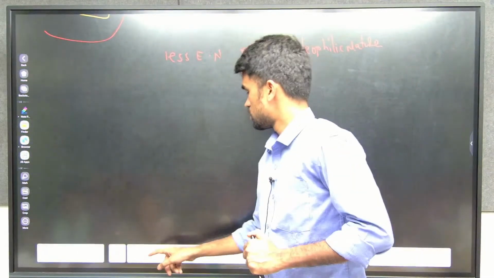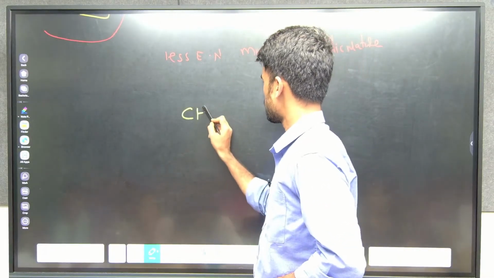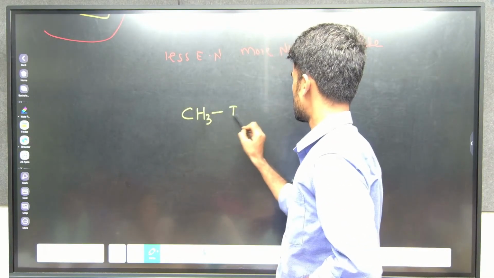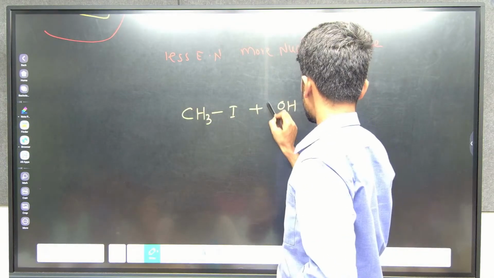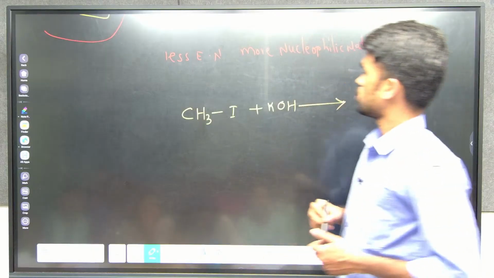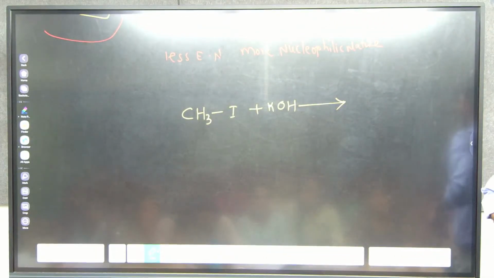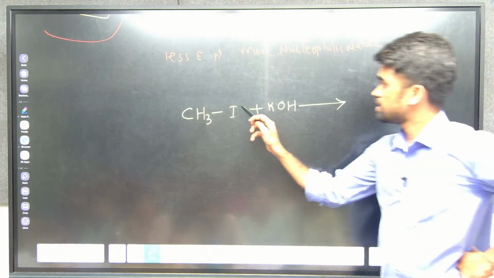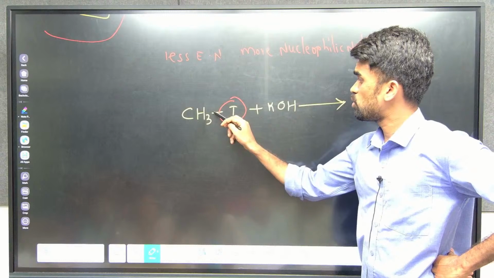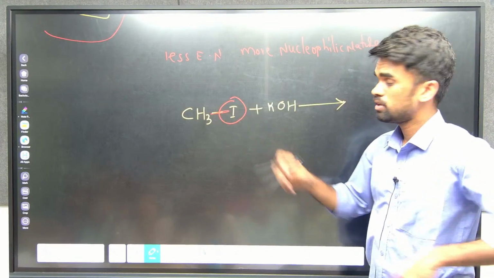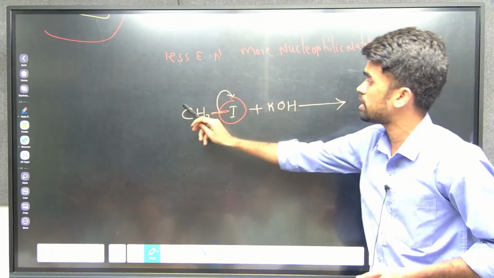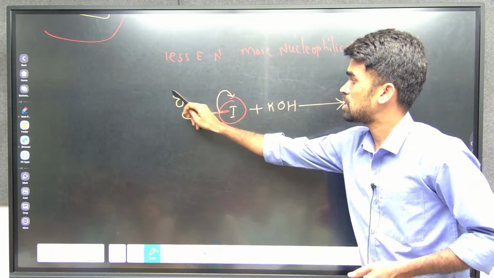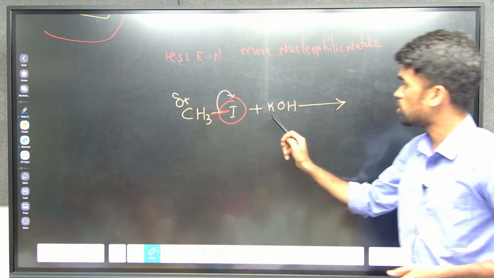Okay, see here. Now tell me what happens here. See, this is iodine. Which is more electronegative, carbon or iodine? The bonded electrons are taken by iodine. So what charge is created on the carbon? A partial positive charge. See, out of this, K plus.